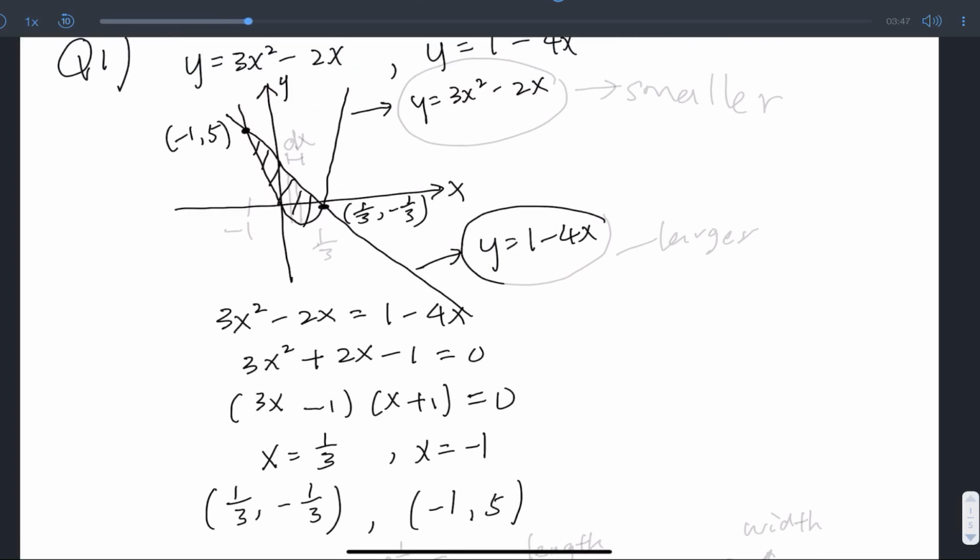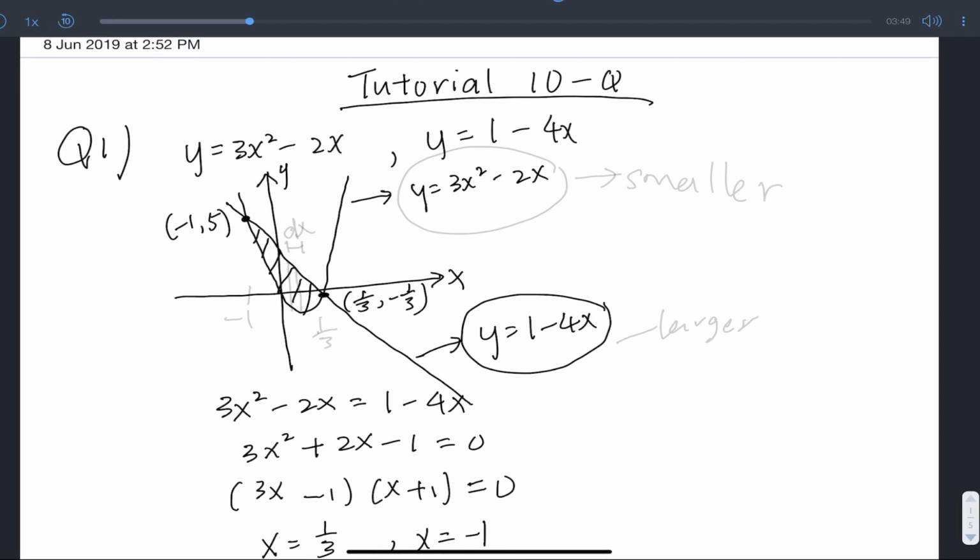The line function always gives you the larger value, because as you can see from the graph, it is always on top of the curve between the intersection points, when x is negative 1 and x equals 1 over 3. The curve always gives you the smaller value.